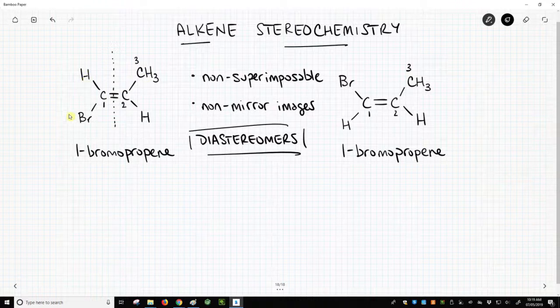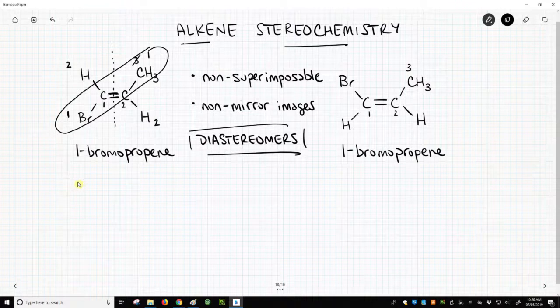So bromine is higher priority than hydrogen because bromine has a higher atomic number. This carbon, I'm going to mark out that 3, this carbon is higher priority than the hydrogen. And so now we have 2 high priority groups on either carbon. To get to them, we have to go through our double bond. We have to crisscross the double bond.